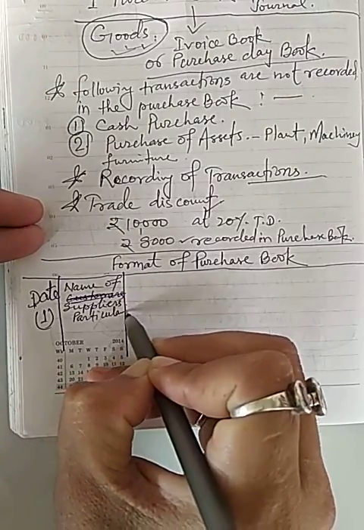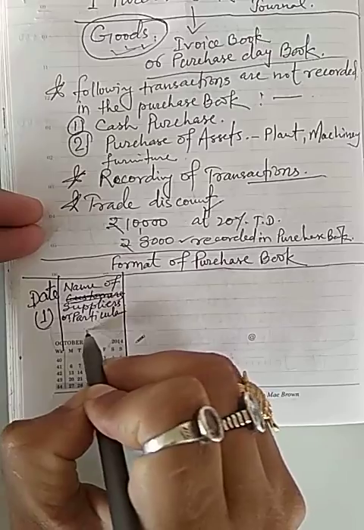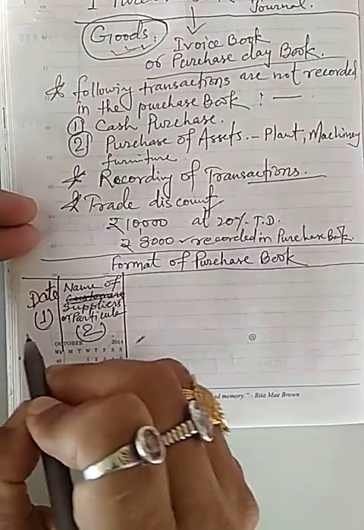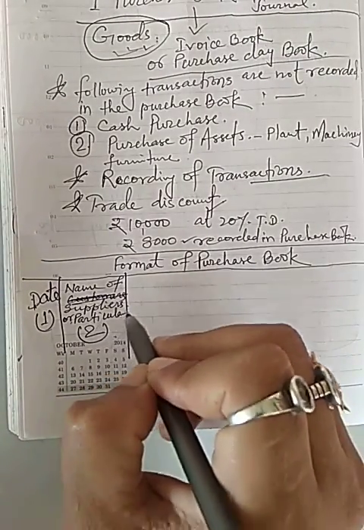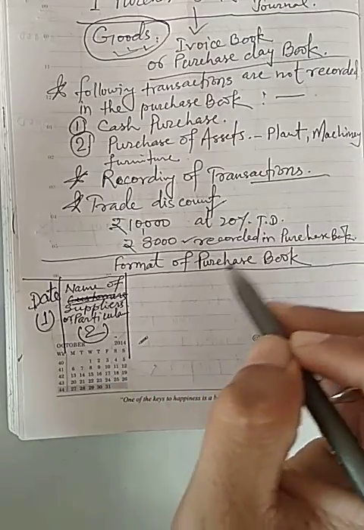The second column will be for name of suppliers or particulars.